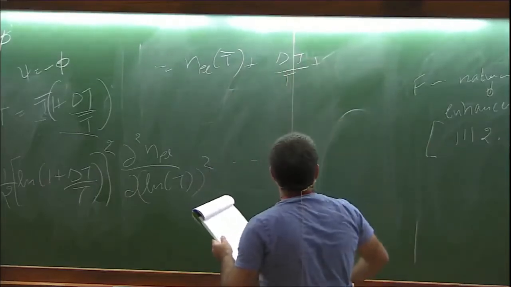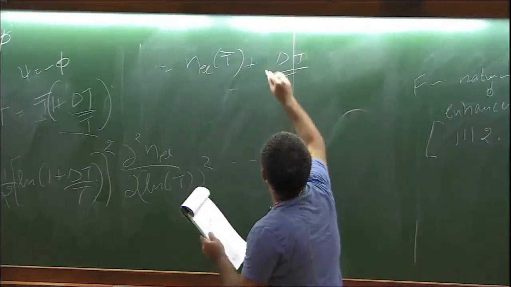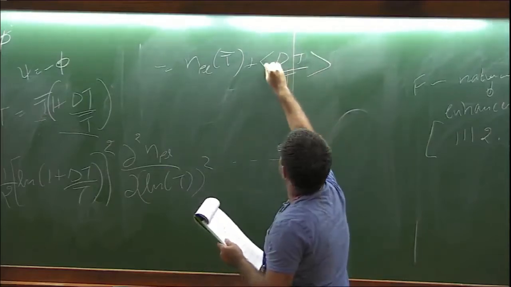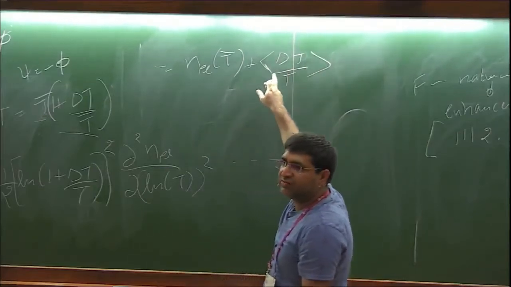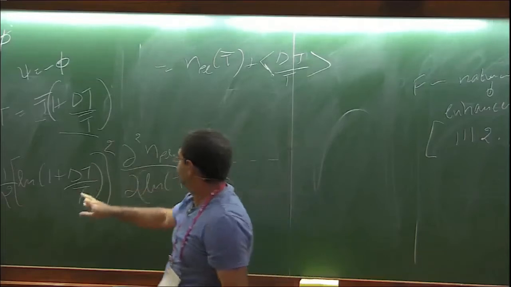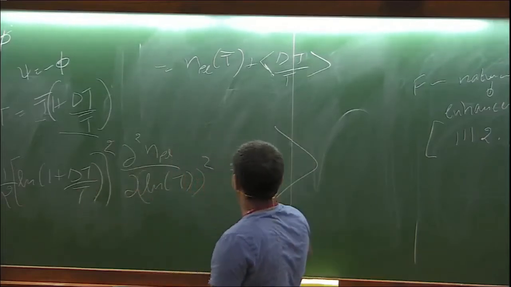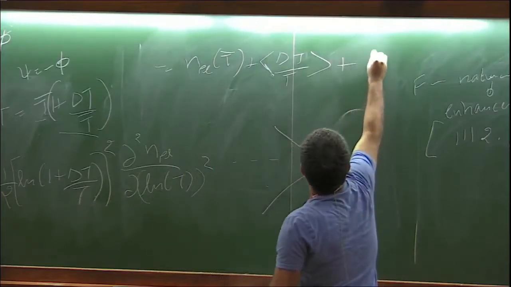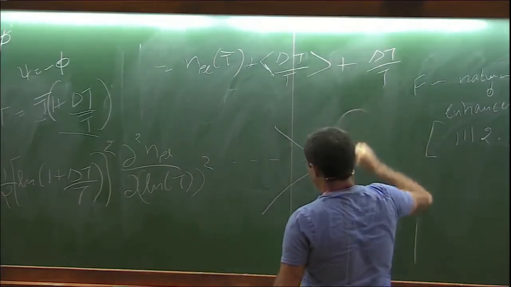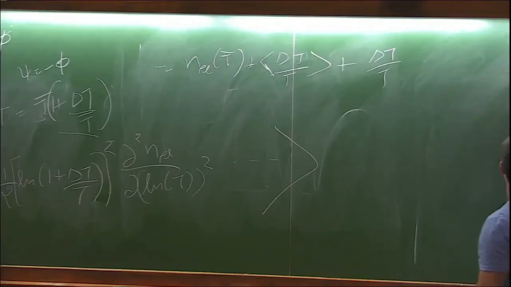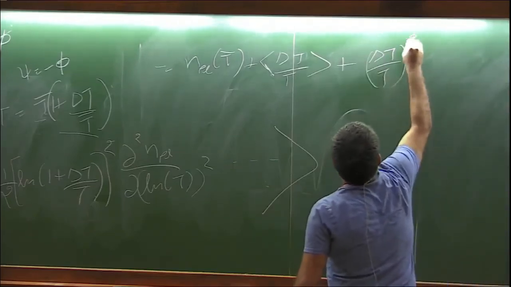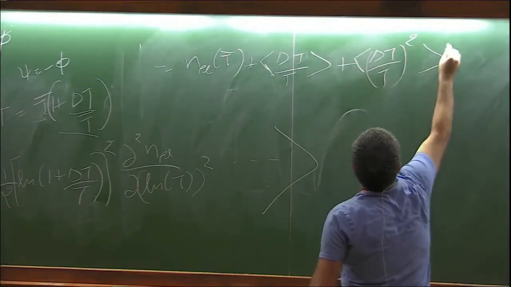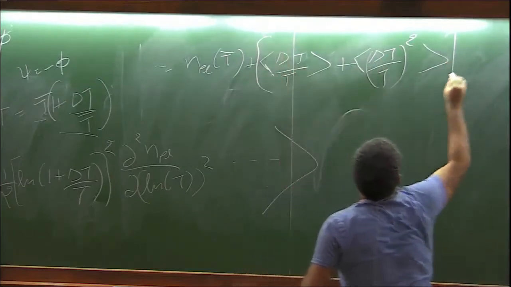We are taking the average, so now the average is only applied to the functions which are functions of delta T over T. So there was an average here over the temperature distribution. So we have this plus delta T over T square, its average, and this multiplying the first term.